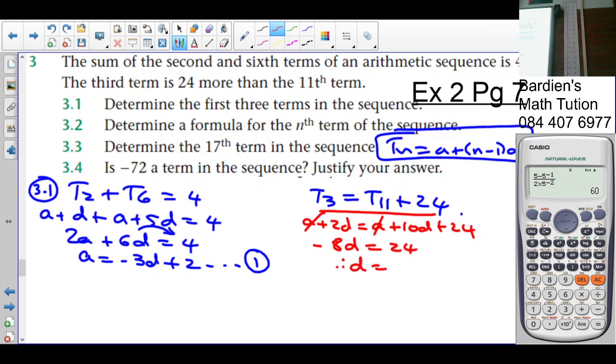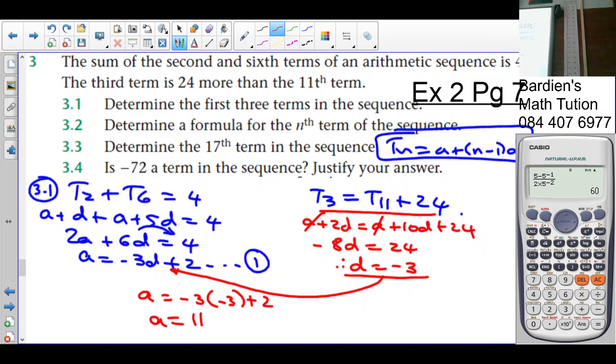So therefore D is equal to negative 3. No simultaneous equations needed yet. We don't have to go with elimination or substitution with two unknowns. We already got D. So what do we still need? A. So we'll substitute into equation 1. A is equal to negative 3 times negative 3 plus 2, which is 9 plus 2, is 11. Is that correct? Okay.